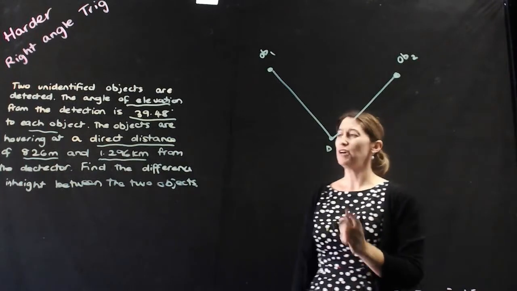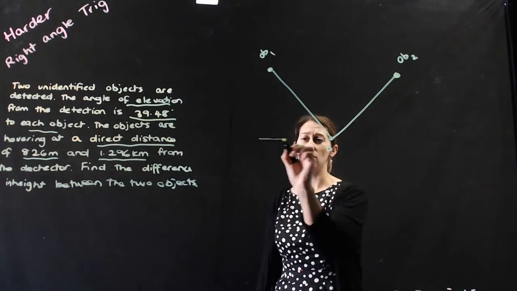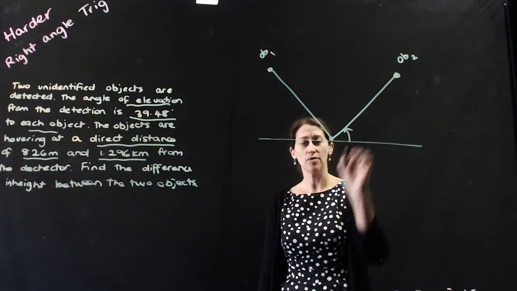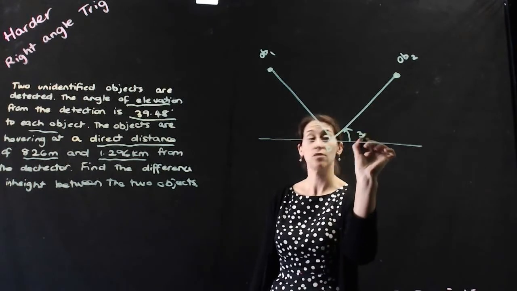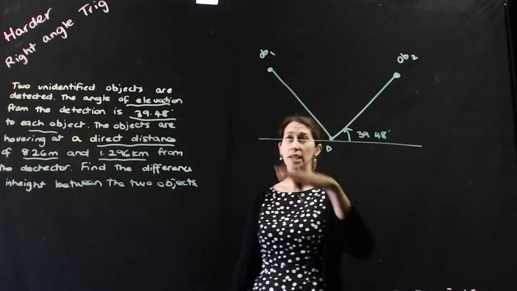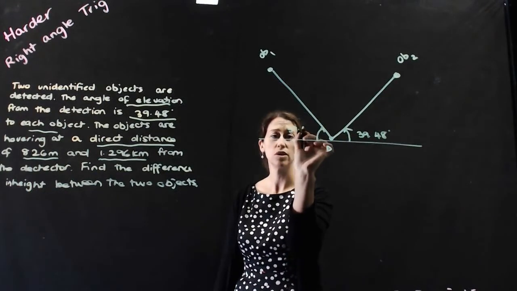We also have angle of elevation. Remember, angle of elevation is always taken from the horizontal. So here's the horizontal. Angle of elevation looking up at the object is 39.48. And again, from the detector looking up at the first object, same angle, 39.48.